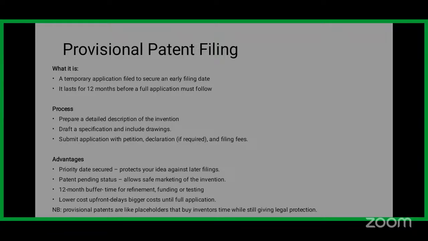Also, if you're making use of a patent attorney, you can include relevant information about the patent attorney. Then you also need to draft a specification, which necessarily includes drawings.